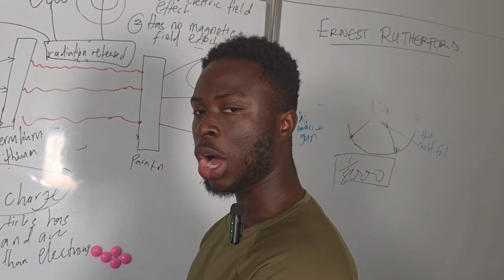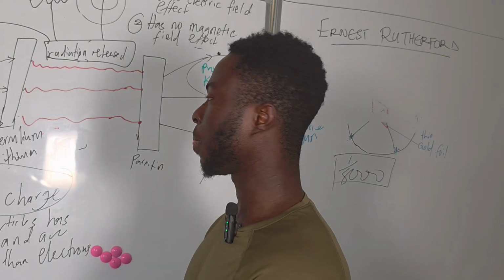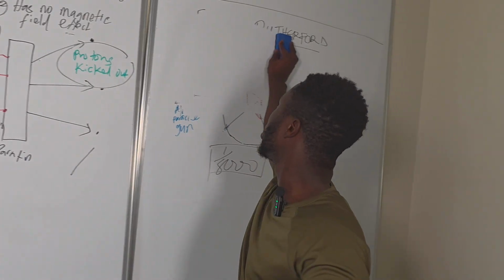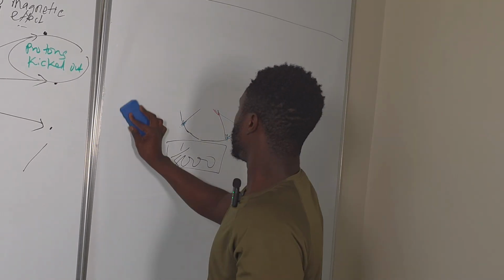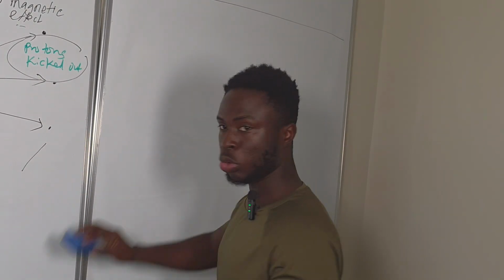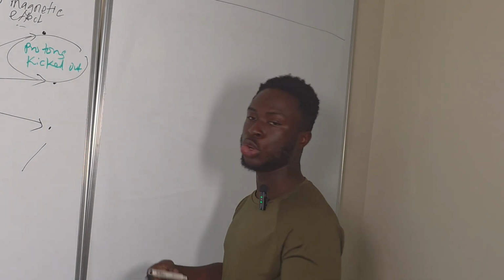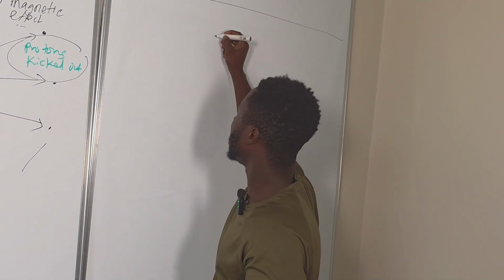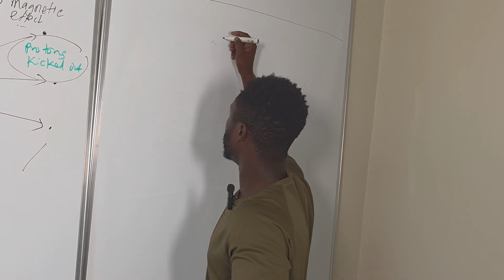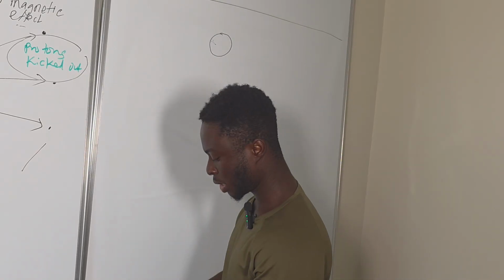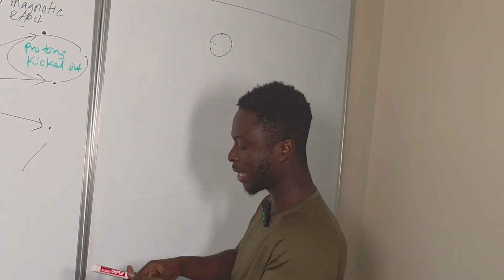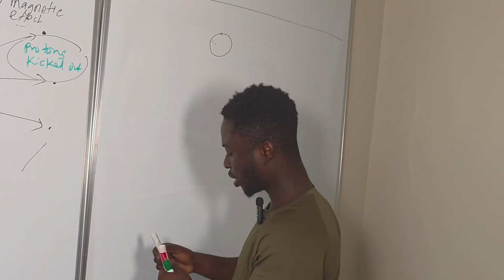So what was coined from here was that atoms, as we know them, have a heavy dense nucleus. So let's draw the nucleus.